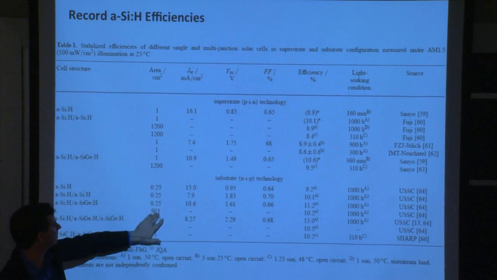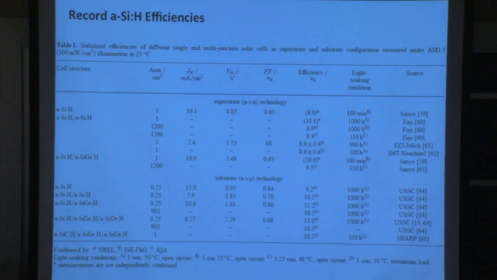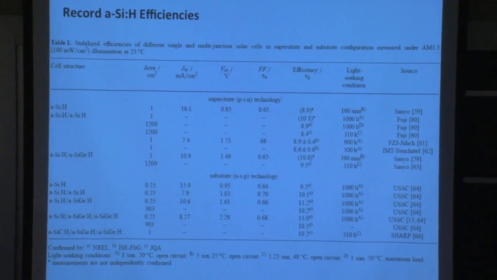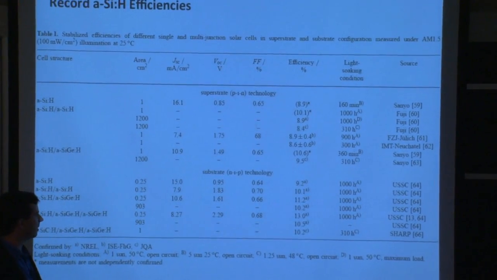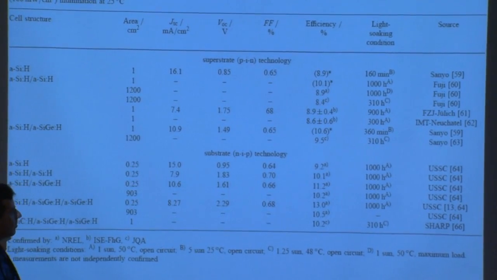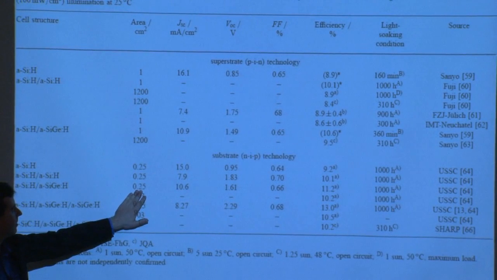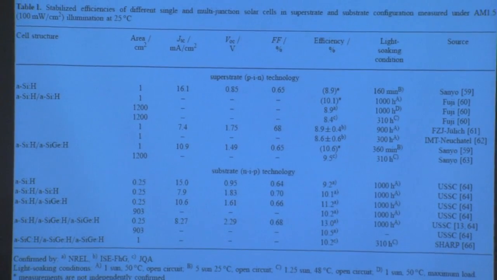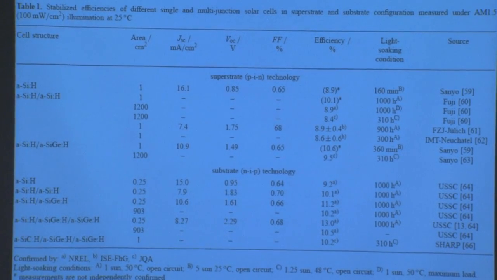I would caution overinterpretation of the very small area devices. If you're at 0.25 centimeters squared, you're at a very small linear dimension along the side of the cell, and you can wind up being impacted by edge effects. There's also sometimes this is the active area of a much larger device where they've shrunken down the aperture.